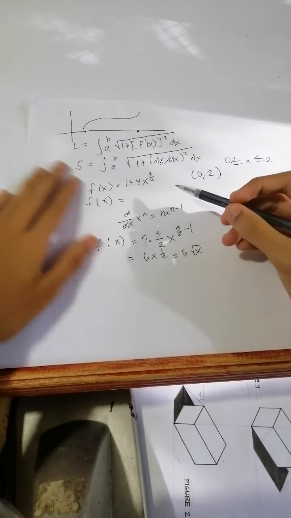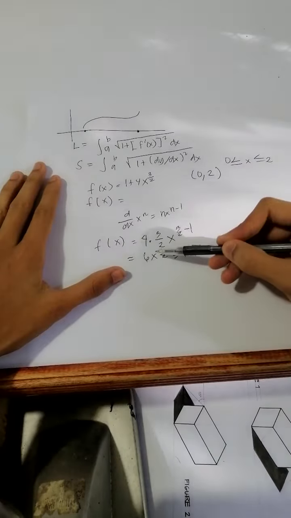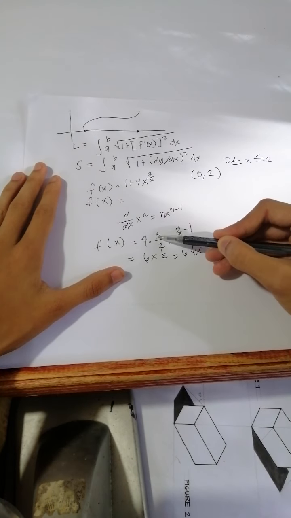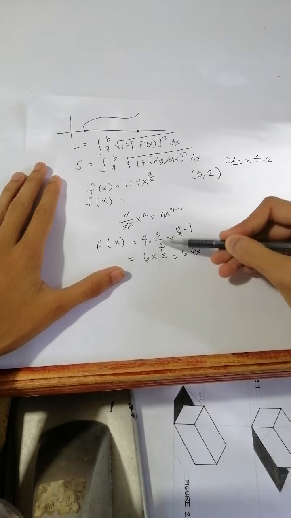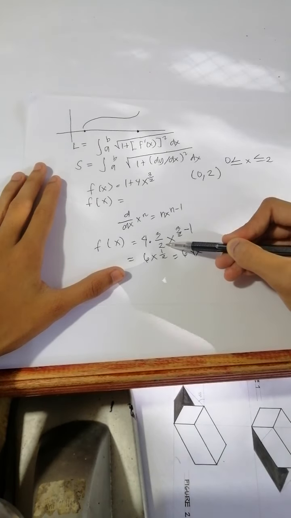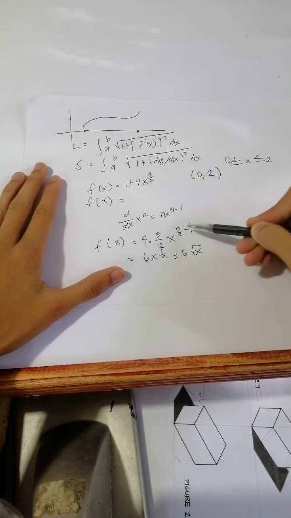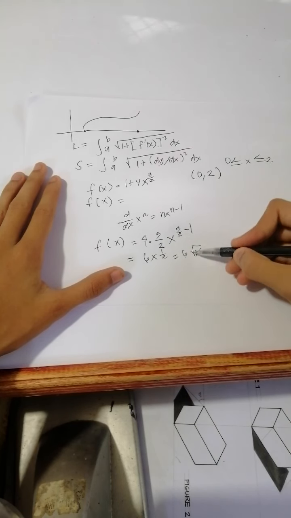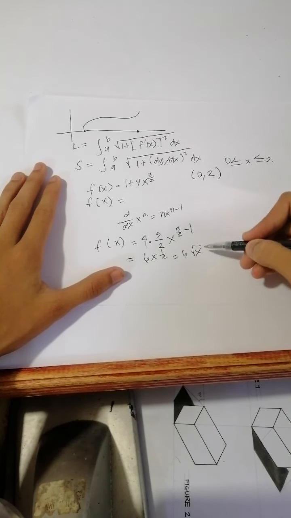How did I get this? 4 multiplied by 3 is equal to 12, divided by 2 equals 6. Copy the variable, and then 3 halves minus 1 is 1 half, so 6x raised to the power of 1 half can be simplified as 6 square root of x.